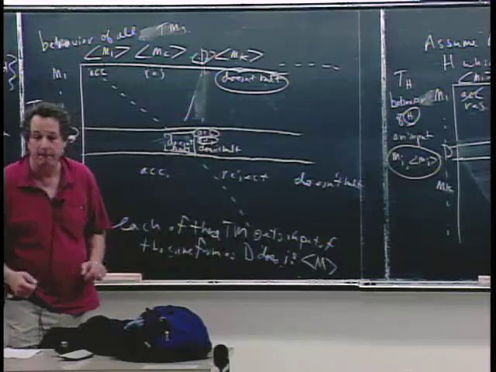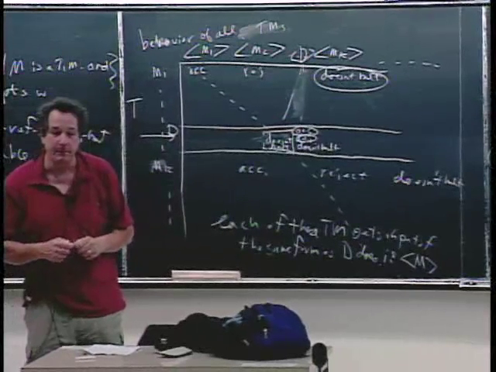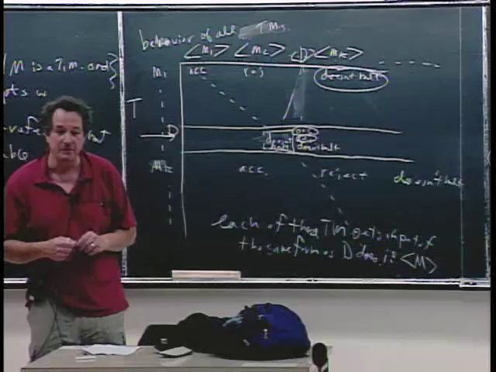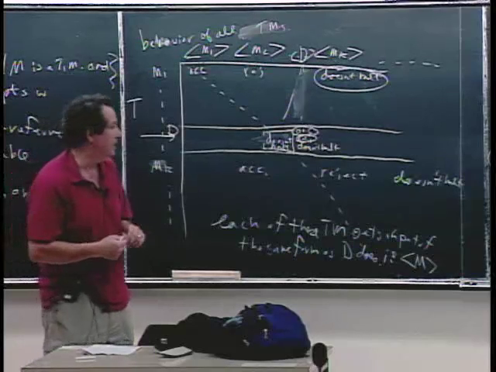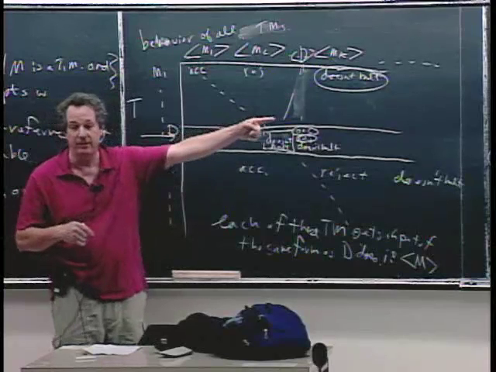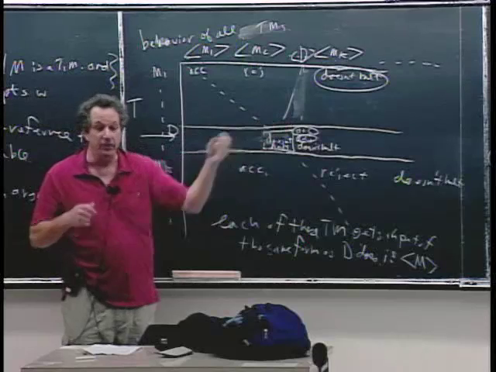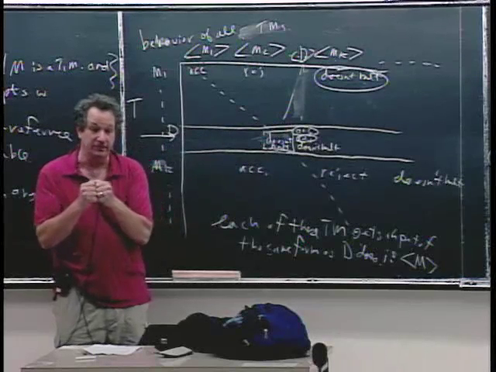Is it possible to have doesn't halt though and the behavior of D is of T? Or why is it possible? You see, the question was, why is it possible for D not to halt? Because over there, D always accepts or rejects. Yeah, you're getting to the point of the contradiction. Okay?